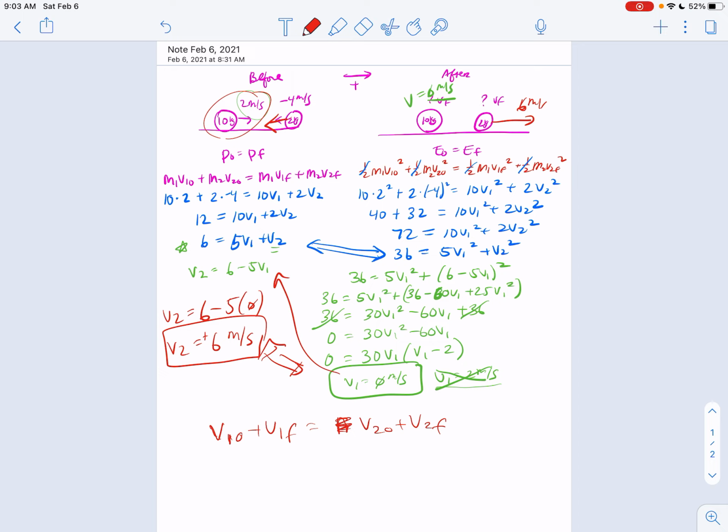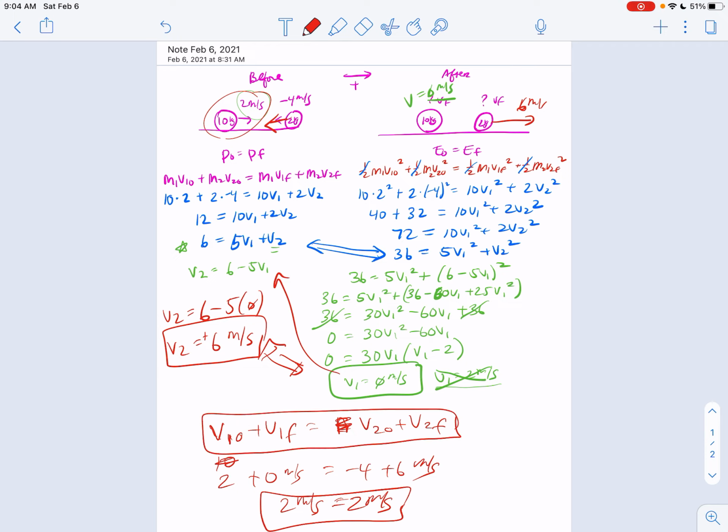So we can see here this was 2 plus 0 meters per second, equal to -4 plus 6 meters per second. So 2 meters per second equals 2 meters per second. So that's kind of a shortcut way to do it. It's not super helpful, but in theory, that's a little shortcut that you can derive from these equations, which I'll put a link to, which you should probably watch.